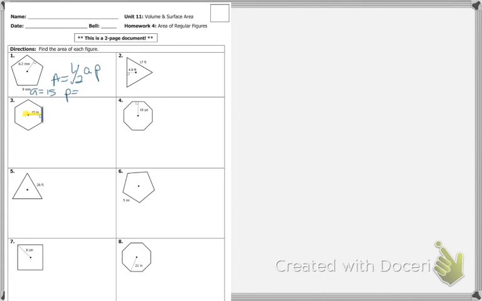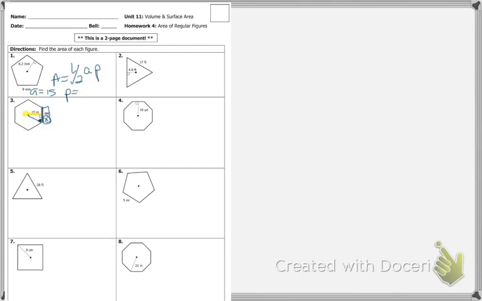Well, the easiest way for me to solve that would be to create a right triangle, find out what this angle right here is, so that I can solve for this little piece. This little piece is the same as this one. So once I find this, I can multiply it times 2 and I have the full side. So how do I figure out that little bitty angle?